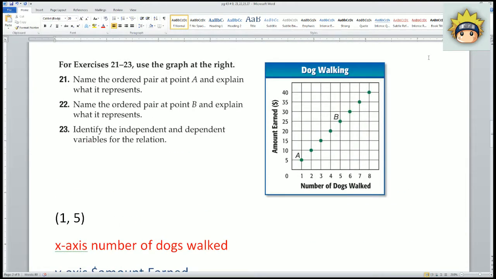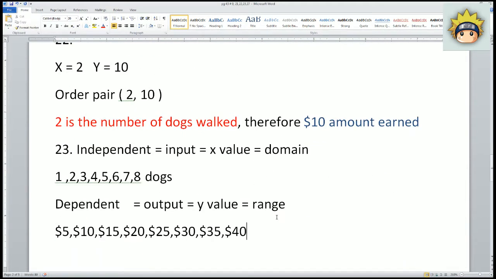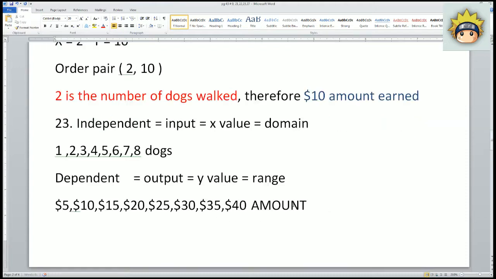There you go. So we could say the range is all these dollar amounts. That is the range here. Good.